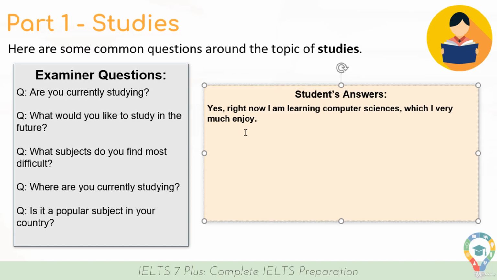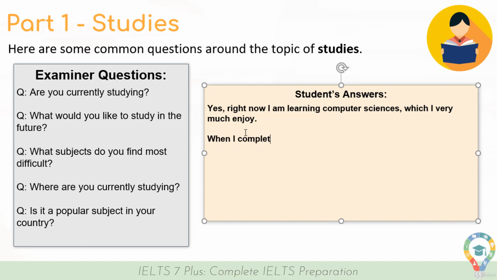What would you like to study in the future? Okay, so in this question, the examiner is asking us about something in the future. Therefore, we should use the future tense. Let's see. Instead of in the future, how could I make this more interesting?